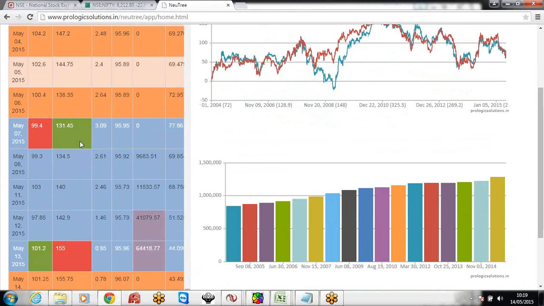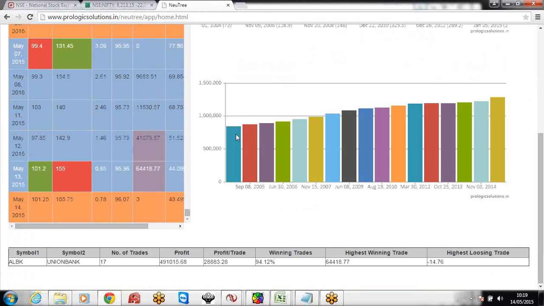The call got generated on May 7th. So you had to short Allahabad Bank and buy Union Bank. This is calculated on a one lot basis, one lot here and one lot here.